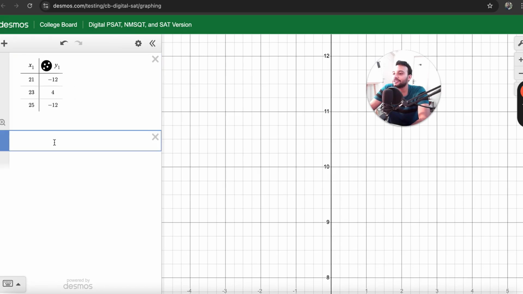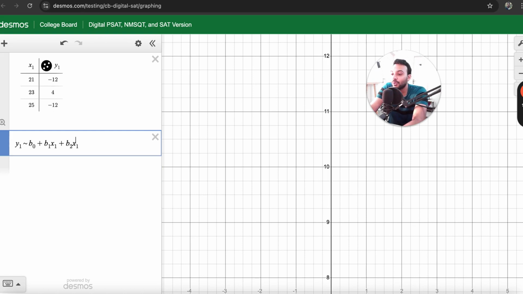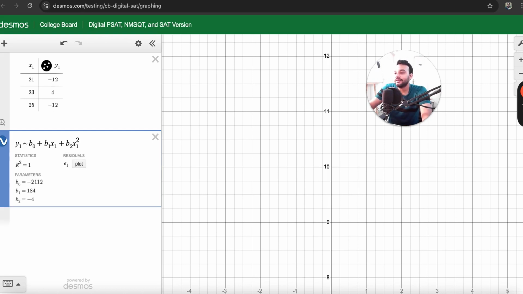Just like you did regression for the lines, we'll do regression for the quadratic equation. y1, put a tilde or the wavy mark. y1 is b0 plus b1 x1 plus b2 x1 squared. This becomes the quadratic equation.